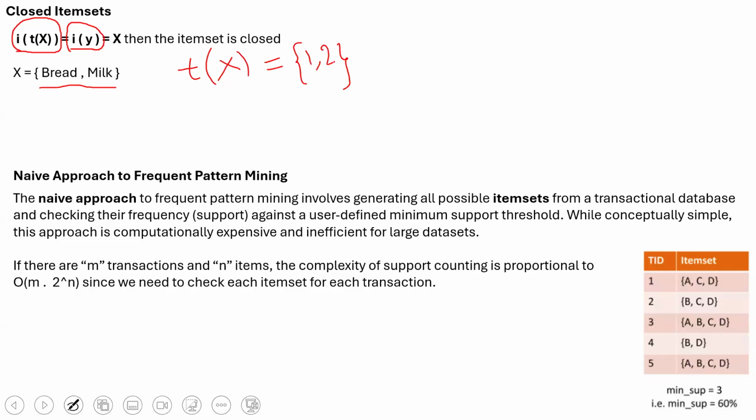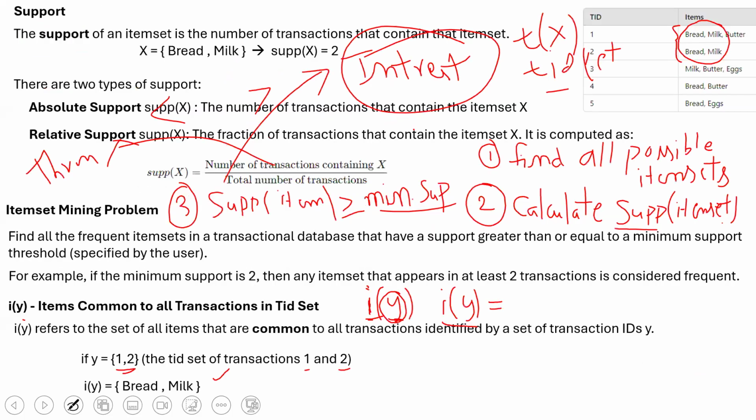Now you want to apply I on top of T of X, which is I of the transaction ID set, which is 1 comma 2. So what is I of 1 comma 2? It is the items that are common in both 1 and 2, right? The items common in 1 and 2 are bread and milk.